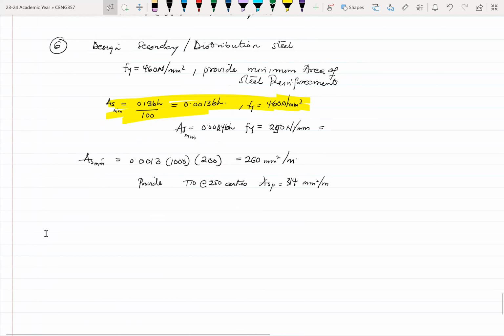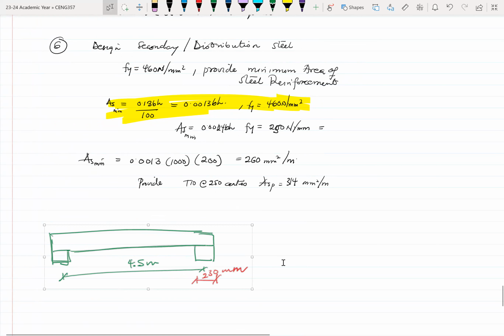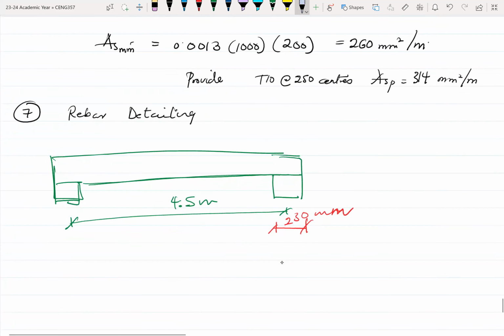So now we are looking at number 7, rebar detailing. Okay. So the main bar will be at the bottom. I think I already mentioned that. So the main bar will be here.